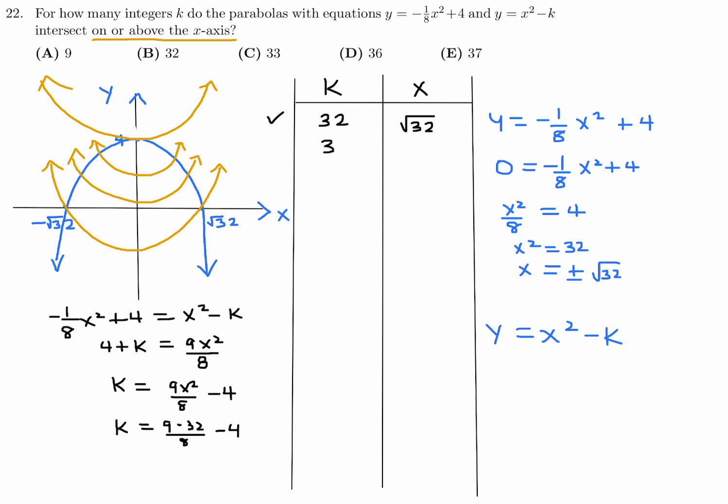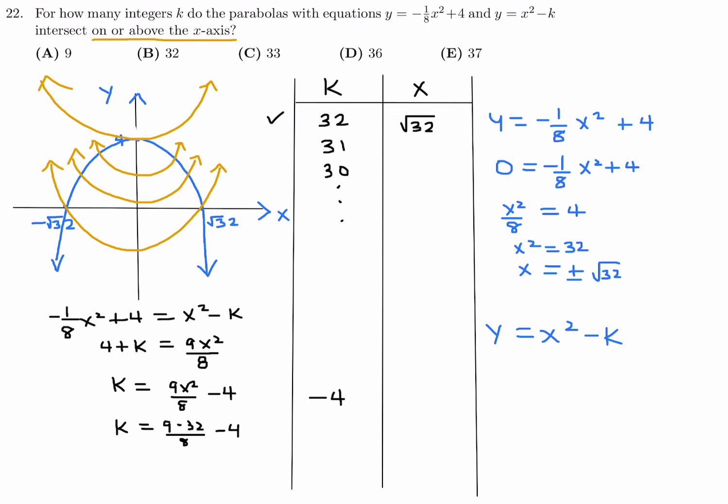So there's going to be 31, 30, but eventually we're going to get down to the very last one. And the very last one is when we have that intersection point. So how do I figure that one out? Well, that one occurs when k is equal to minus 4. Now, how do I know that without figuring out anything in here?